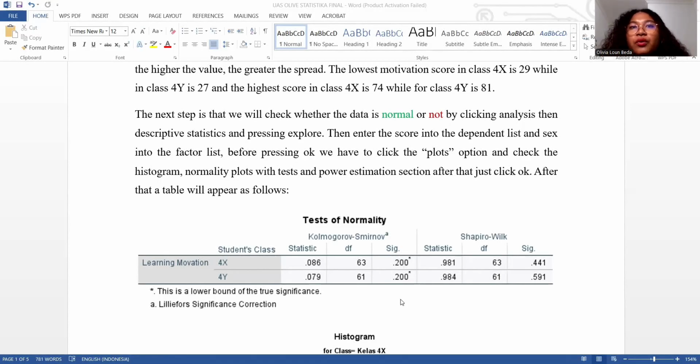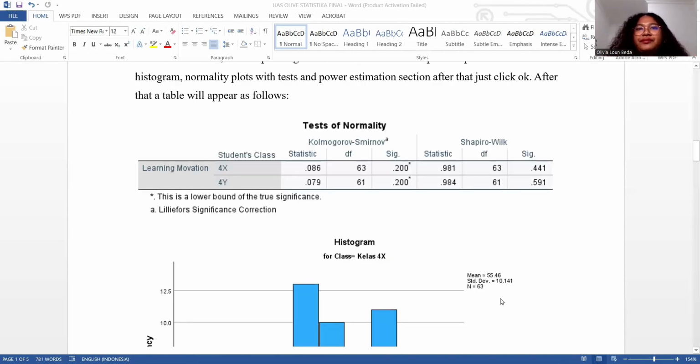Now the Shapiro-Wilk: it is 0.441 and 0.591. That is also above 0.05, which means our data is normally distributed.